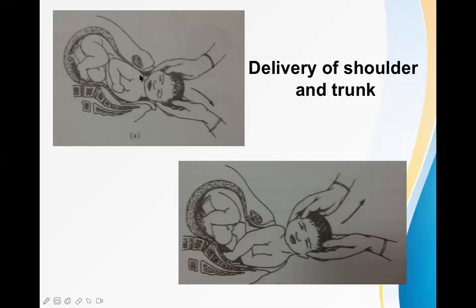Now see that there is a right shoulder and the left shoulder, and when this shoulder is coming out, the person who is helping the delivery process, like a midwife or the nurse, should simply push the head downwards and try to take that shoulder out. And similarly, a little bit pulling the head upward and taking the other shoulder out. This is how the delivery is done. And after head and shoulders come out, the rest of the body will come out very easily.